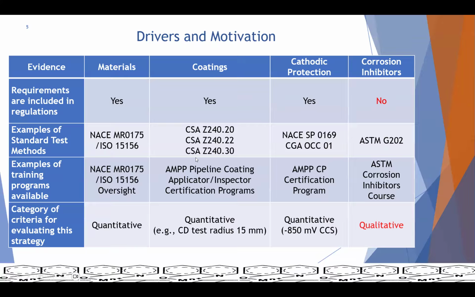Right now, the criteria we are using are very qualitative. Right now, there is no industry or regulatory requirement, but if we do not act on it, the regulators may impose something on us. So that is the reason why we started the JIP 4 years ago and why we are doing this webinar series.